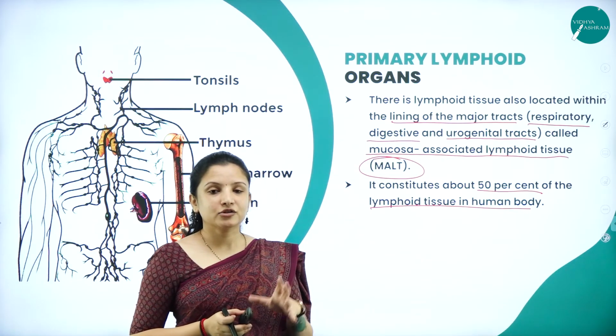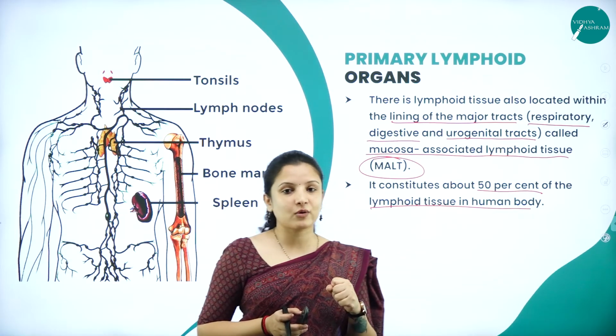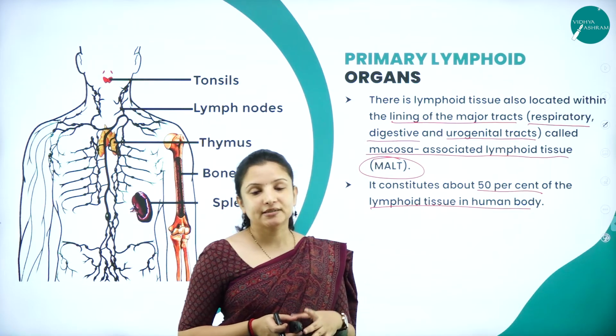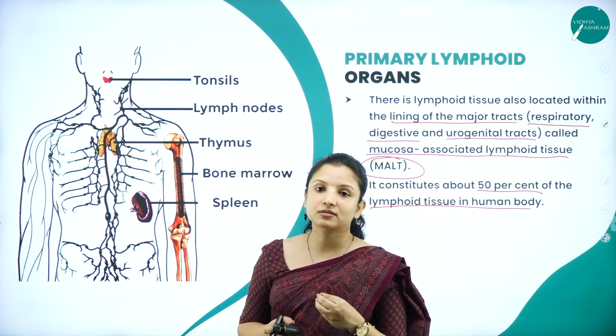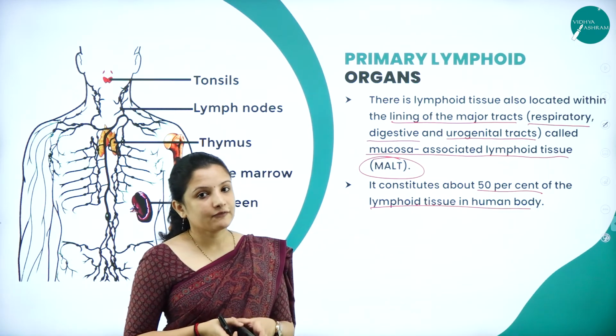So why there? So that it is capable of filtering the microorganisms. That is why these mucosa associated lymphoid tissues are present in the respiratory tract, the digestive tract and the urogenital tract. So this is about the lymphoid organs.